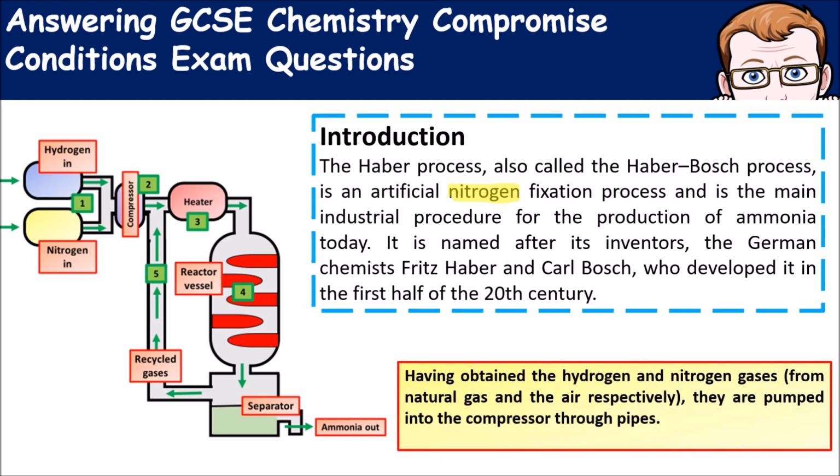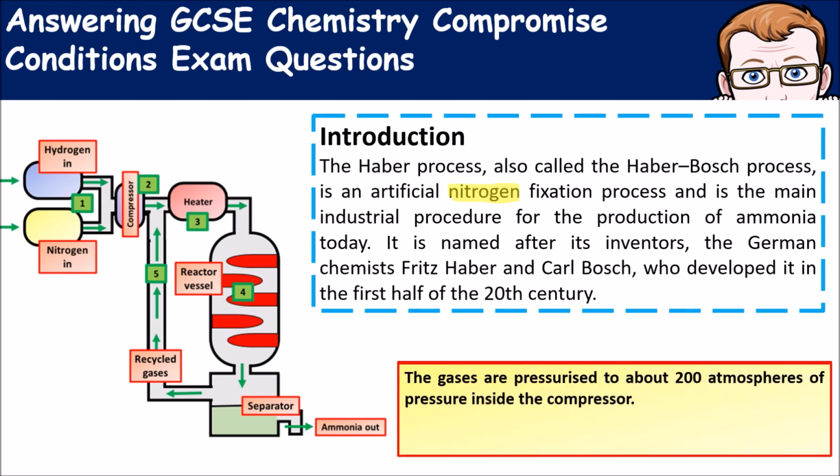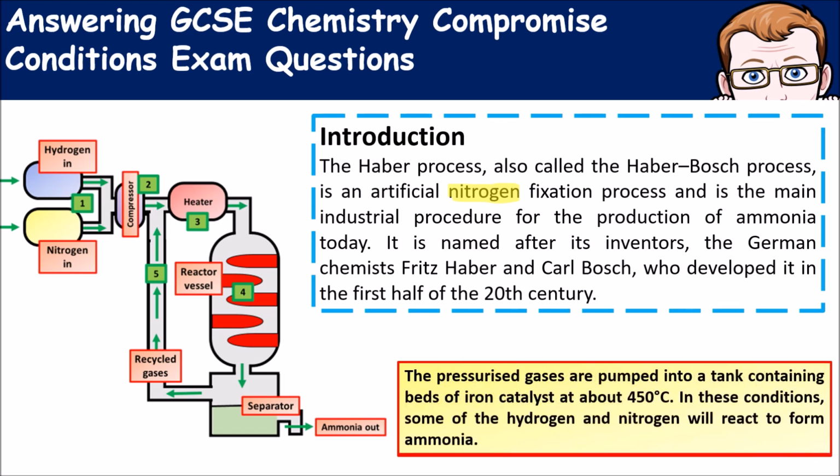If we quickly look at the process, we obtain hydrogen and nitrogen gases. Nitrogen comes from the air, and hydrogen we usually get from natural gas, and they're pumped into a compressor, so we increase the pressure. The gases are pressurized to 200 atmospheres.